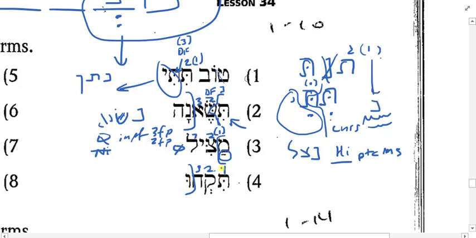But it's also possible that this tav is a prefix tav and not a root 1 tav. So this is one of the questions you got to ask yourself. Is takach one of our verbs that we've learned? And the answer is no. We don't have any verbs like that. So it might be that the kach part is roots 2 and 3.